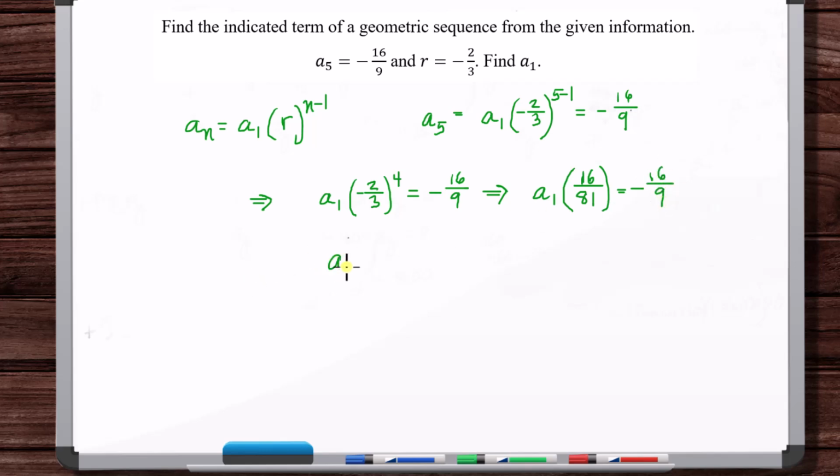So a1 is equal to minus 16/9, and then dividing both sides, you've got 81 divided by 16. So minus 9. And that's what we're looking for. That is your answer.